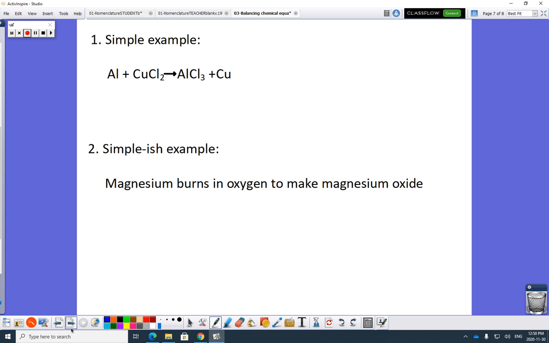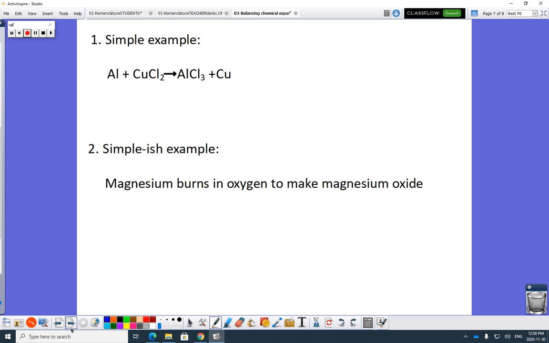So this first example has a single displacement: aluminum plus copper(II) chloride makes aluminum chloride plus copper. The copper and the aluminum here are by themselves, so that makes your life easy, because you can put whatever you want in front of them and it doesn't influence the compound. So maybe you want to focus on those last.